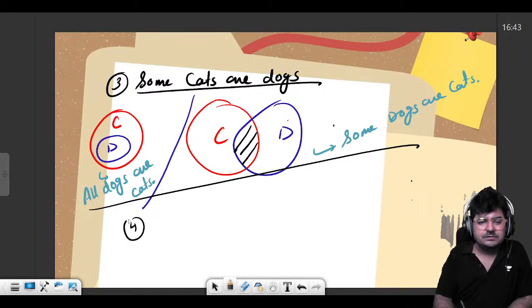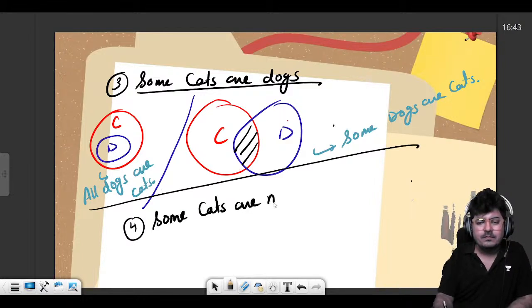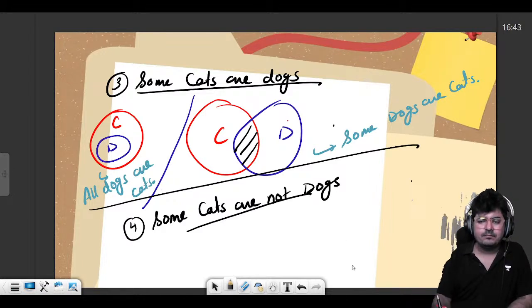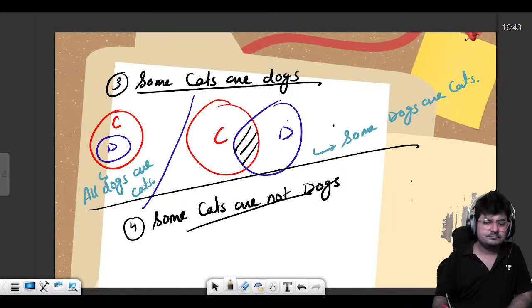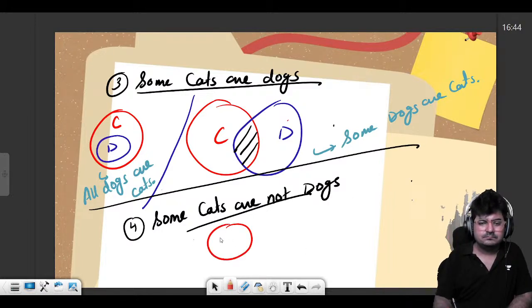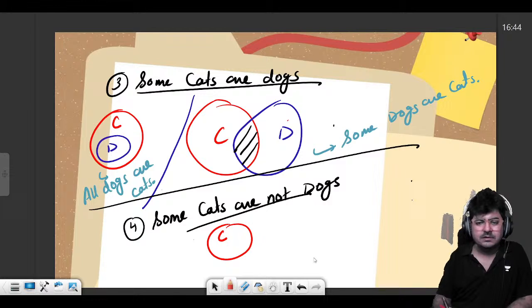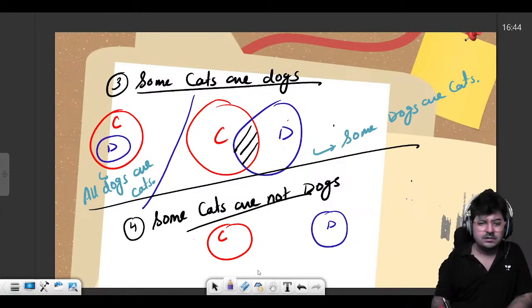And last is some cats are not dogs. This is cats, this is dogs, double S. Okay, wonderful. Now they are saying some cats are not dogs.